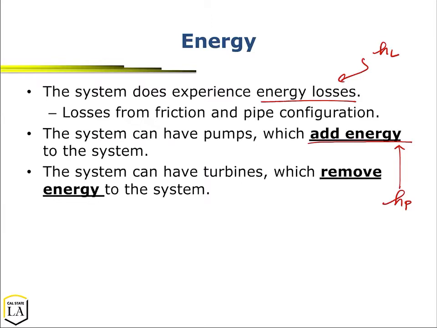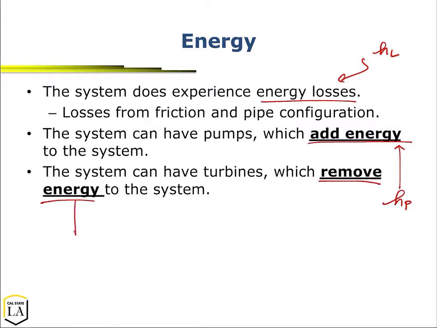We could also have a system that has something called a turbine. And what turbines do is they actually use the difference in potential and kinetic energy, and they store the energy in a local battery. But that energy is removed from the system and taken elsewhere.